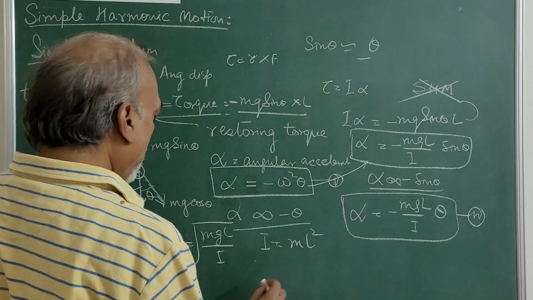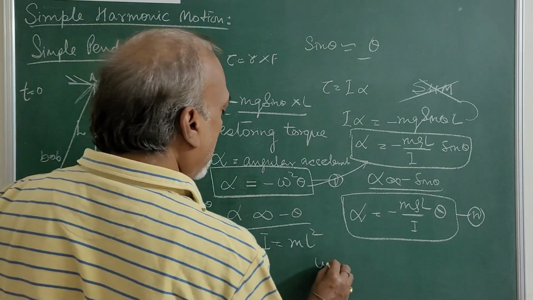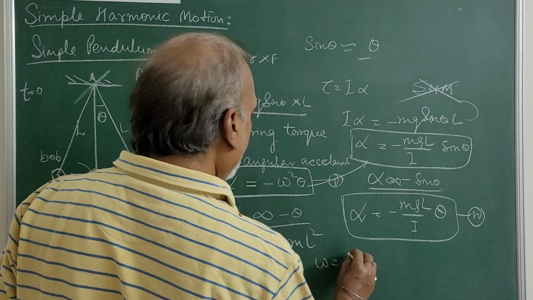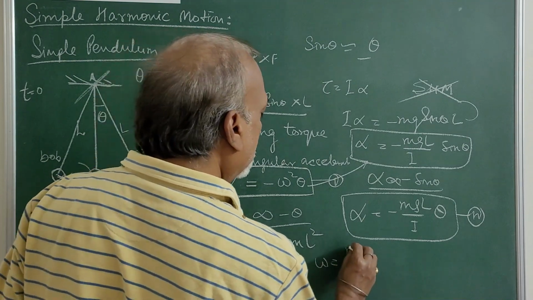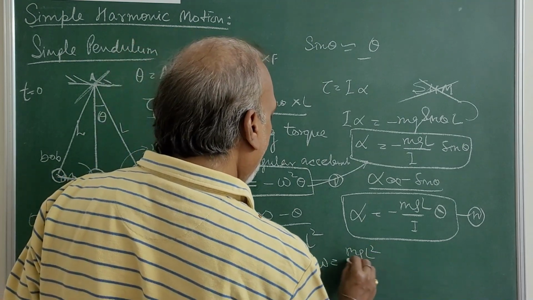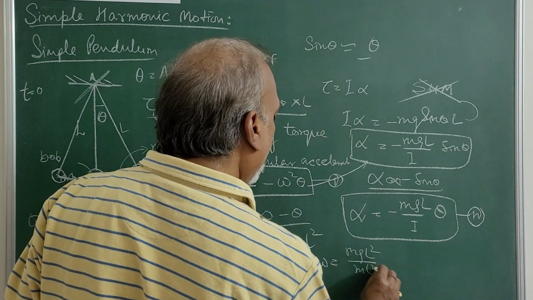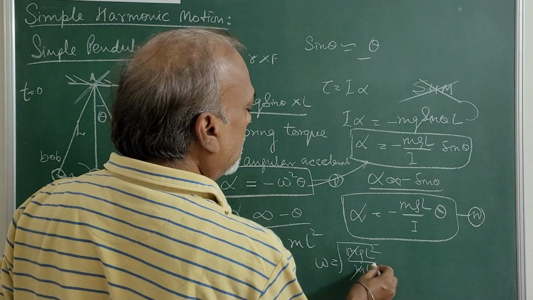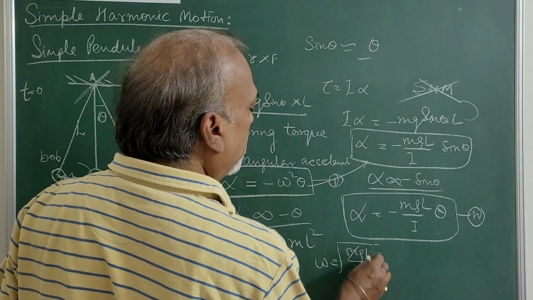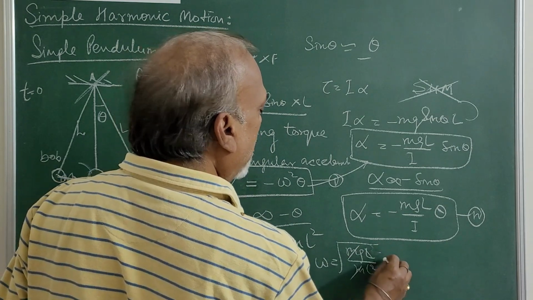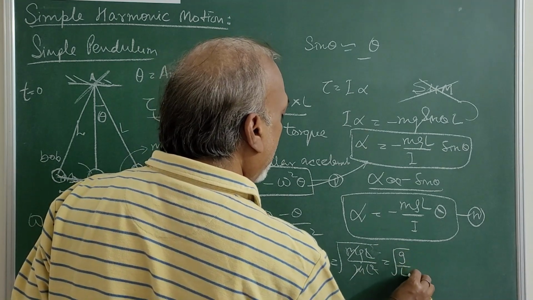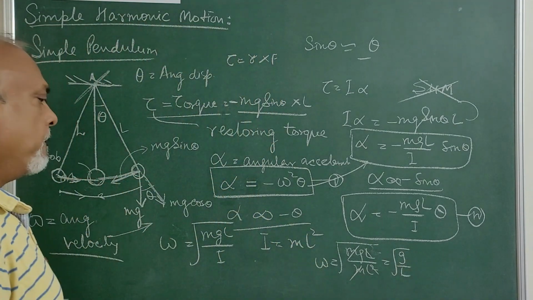If you put this value, then your omega squared will become mgL upon mL squared. m cancels out, then L cancels out, so that means it is basically g upon L. Correct?